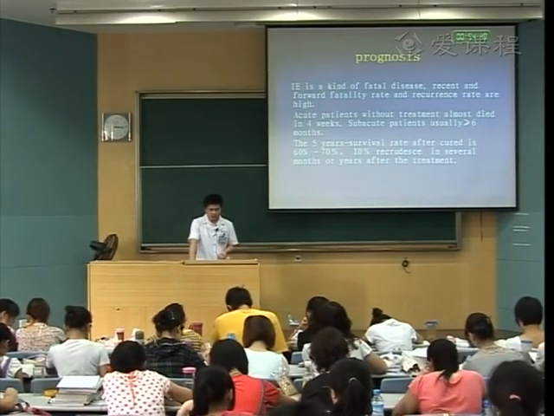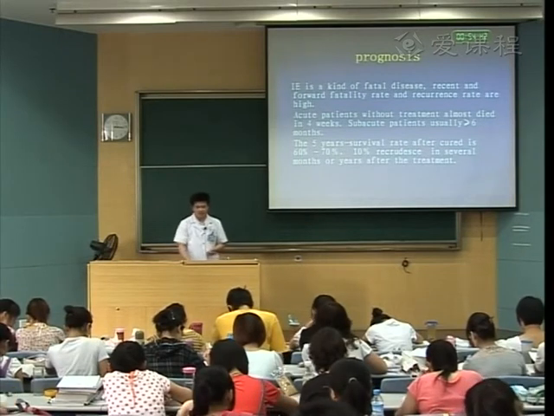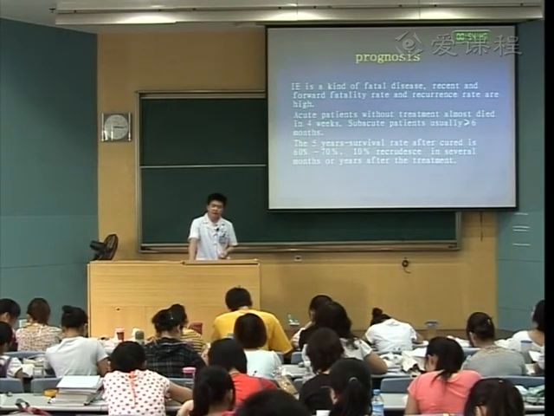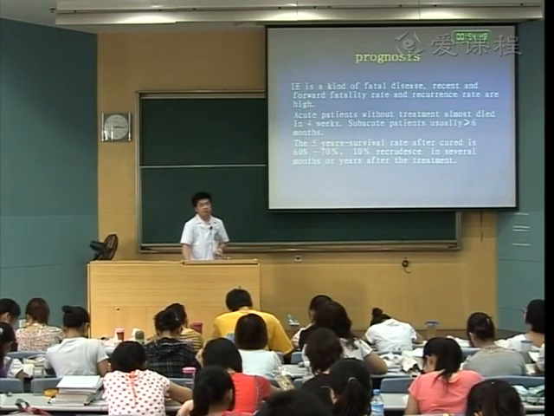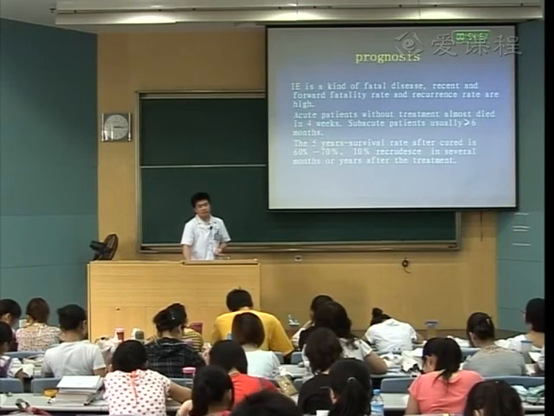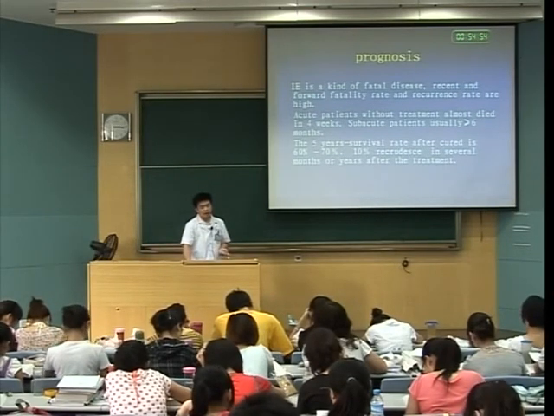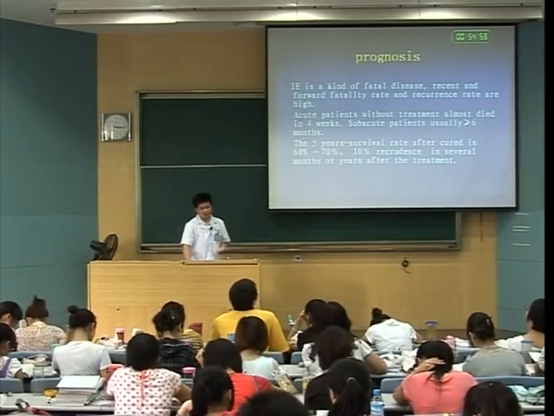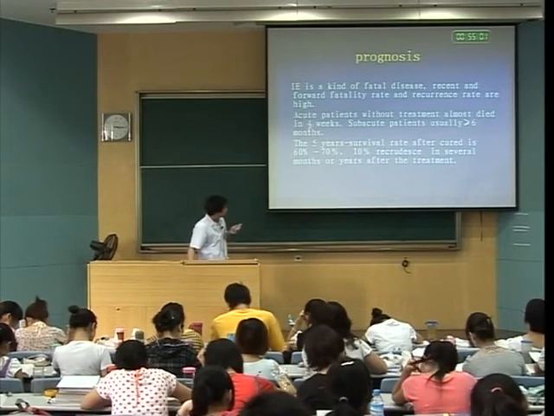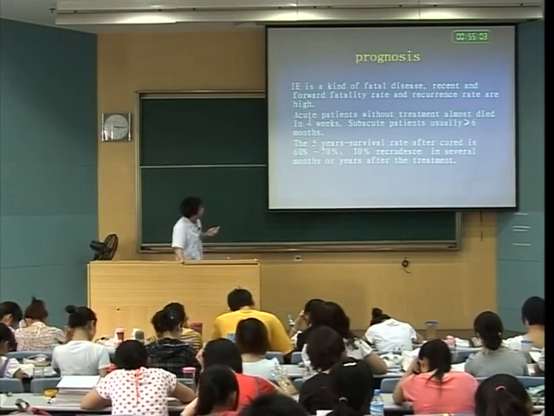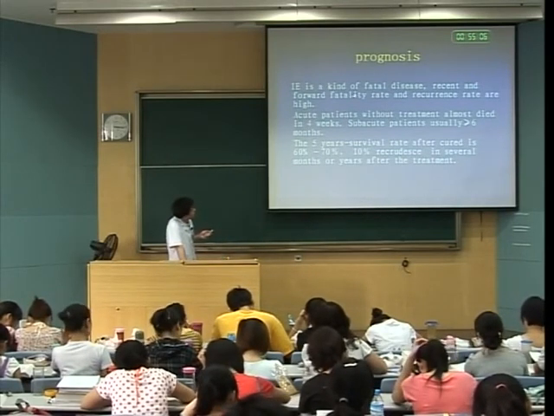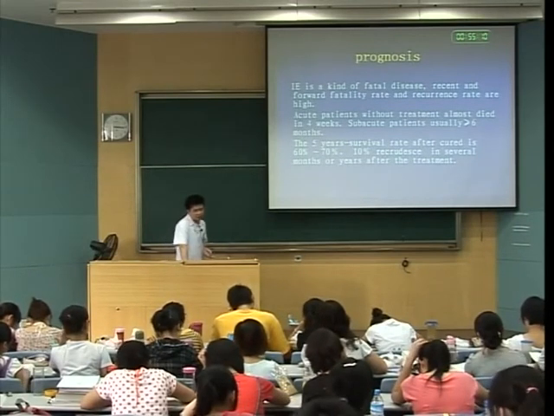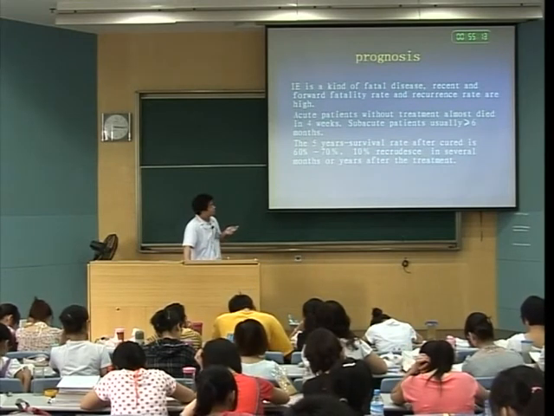For acute patients, without treatment almost all die within 4 weeks. I just said the disease progress of acute infective endocarditis is only 6 weeks. So we need to treat the disease very quickly.